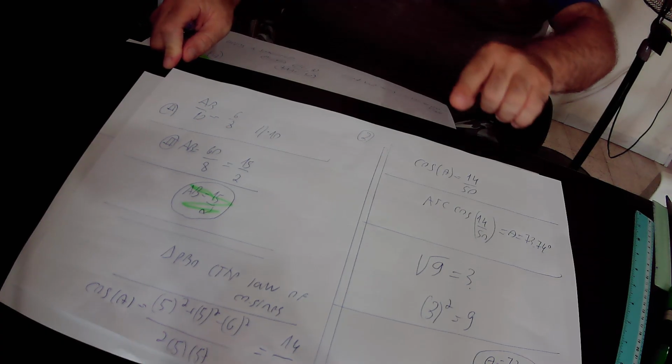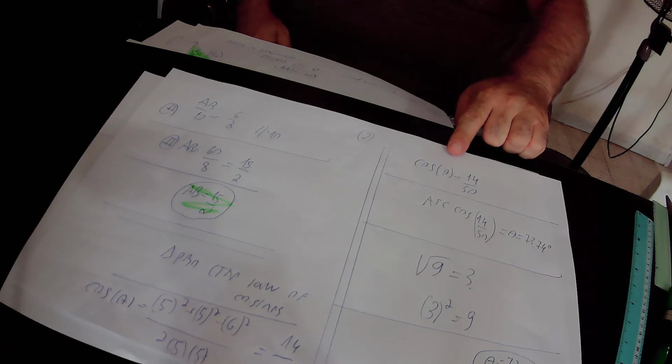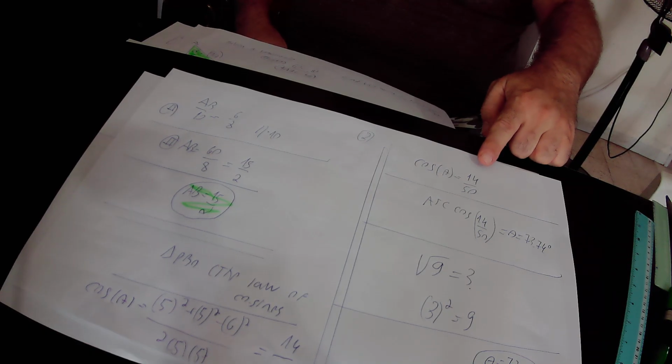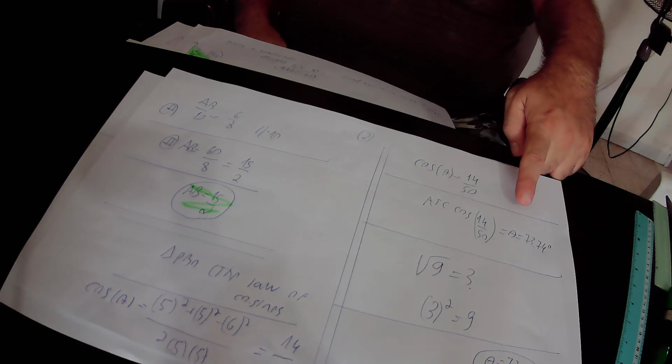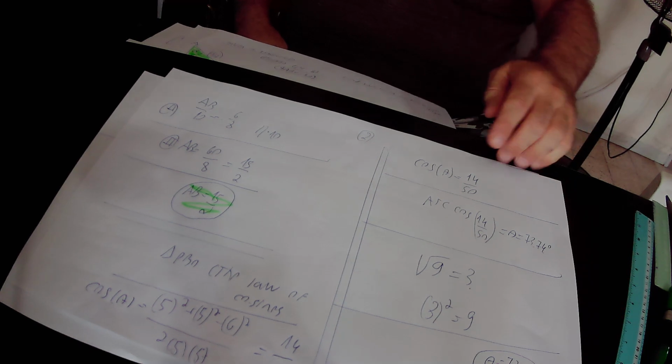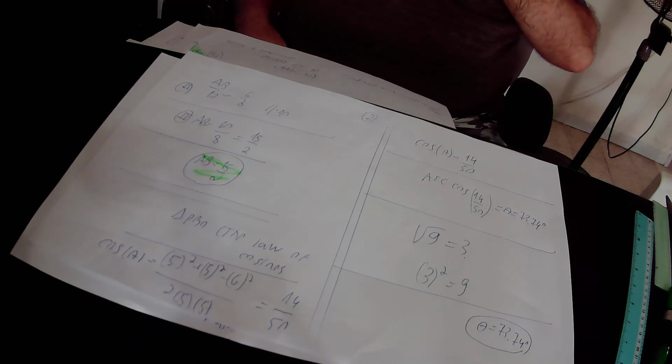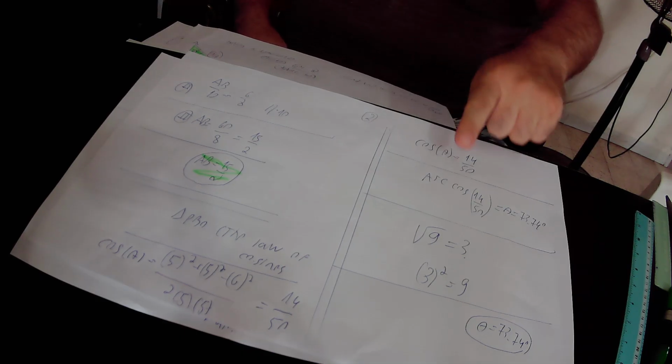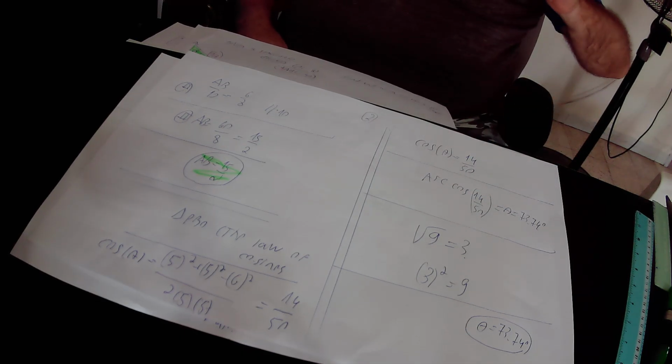We have to find the value of theta itself. In order to find the value of theta itself, we will operate the opposite function of cosine, that is arc cosine, on the result, and this will give us the value of theta. Exactly like the root is the inverse function of the square.